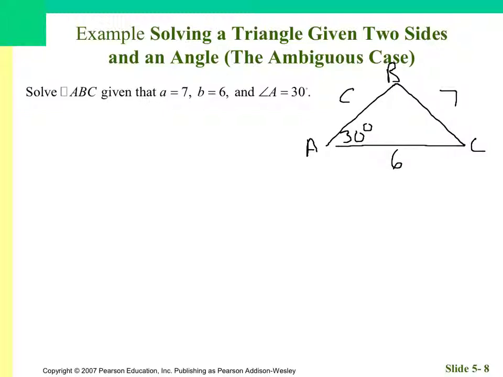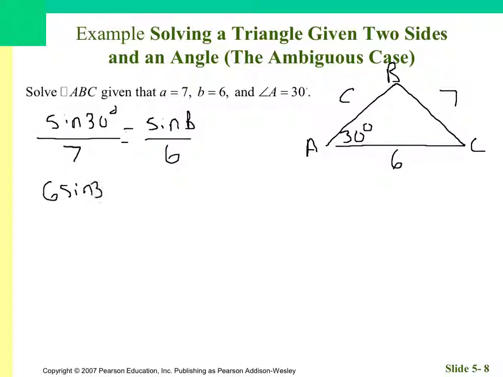So if I go to find angle B first, I do the sine of 30 over 7 equals the sine of B over 6. So I get 6 times the sine of 30 divided by 7 equals the sine of B.